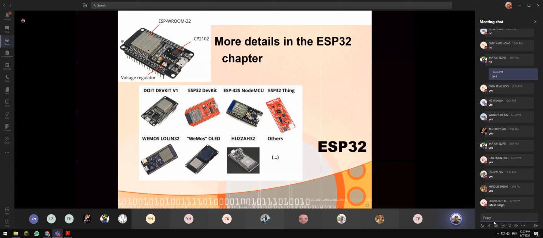So what is so unique about the ESP32? Because the ESP32 itself already has a built-in CP2102. CP2102 means that I can directly connect my ESP32 through the USB port to my computer.